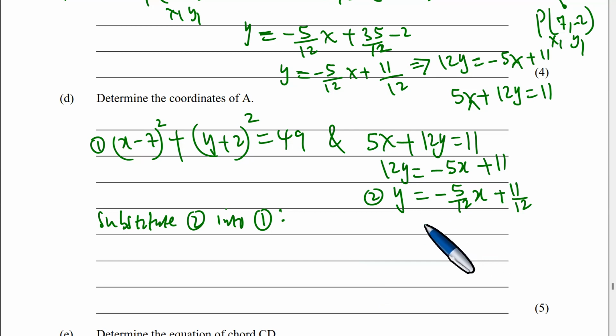Simultaneously, you can just say you make x the subject of the equation, which means you're going to have x is equal to minus 12y out of 5 plus 11 out of 5.